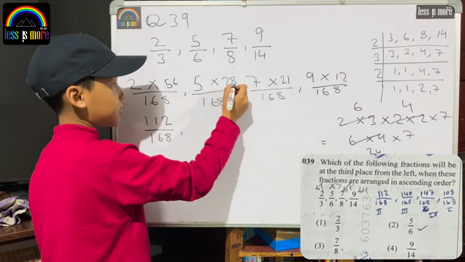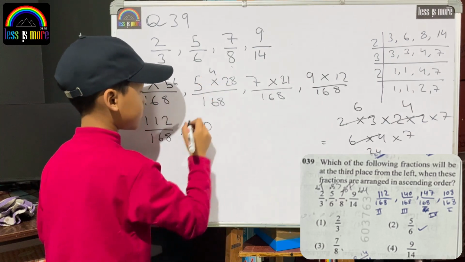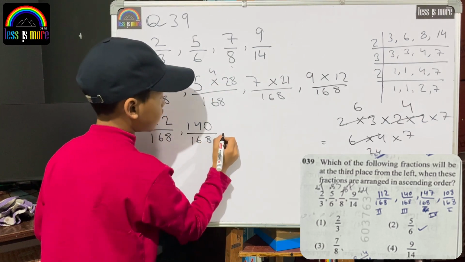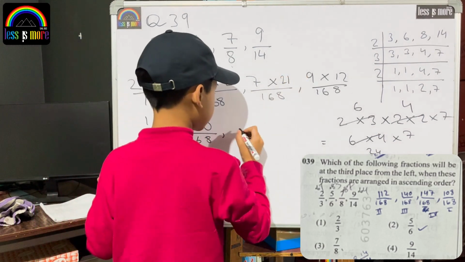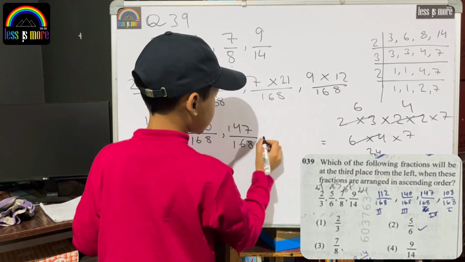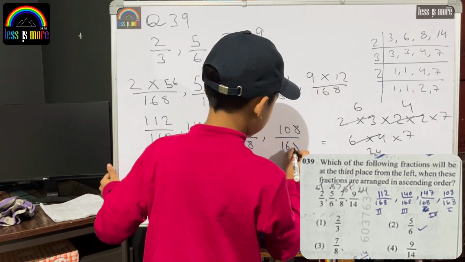And we multiply 5 times 28, it will be 140 by 168. Then 7 times 21 is 147 by 168. Then 9 times 12 is 108 by 168.